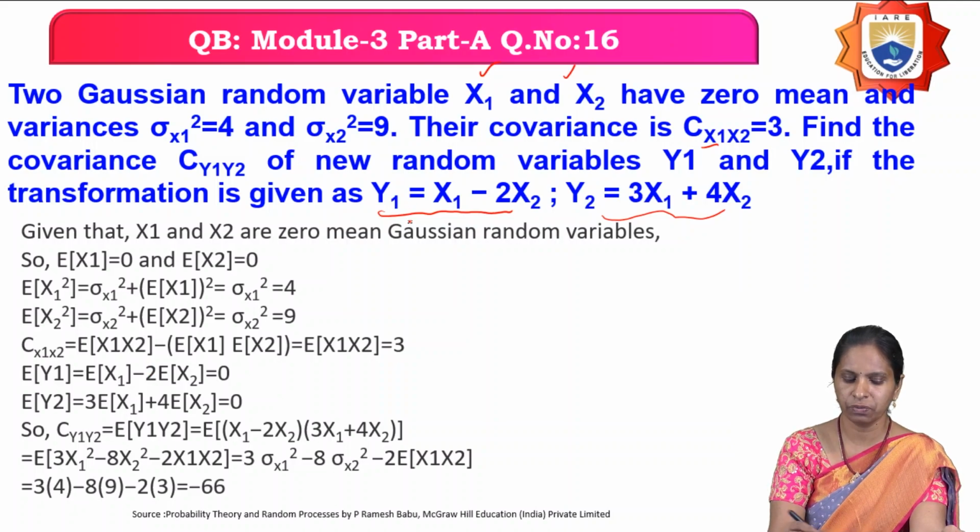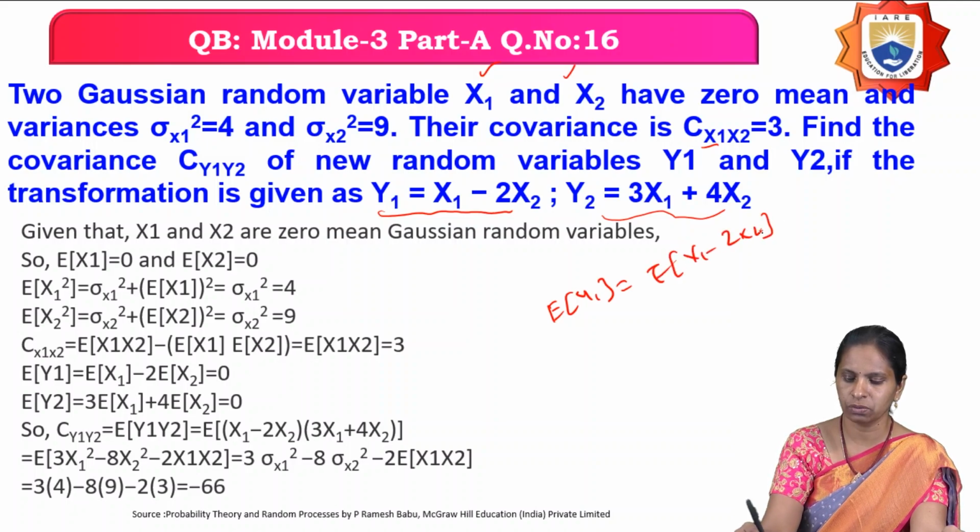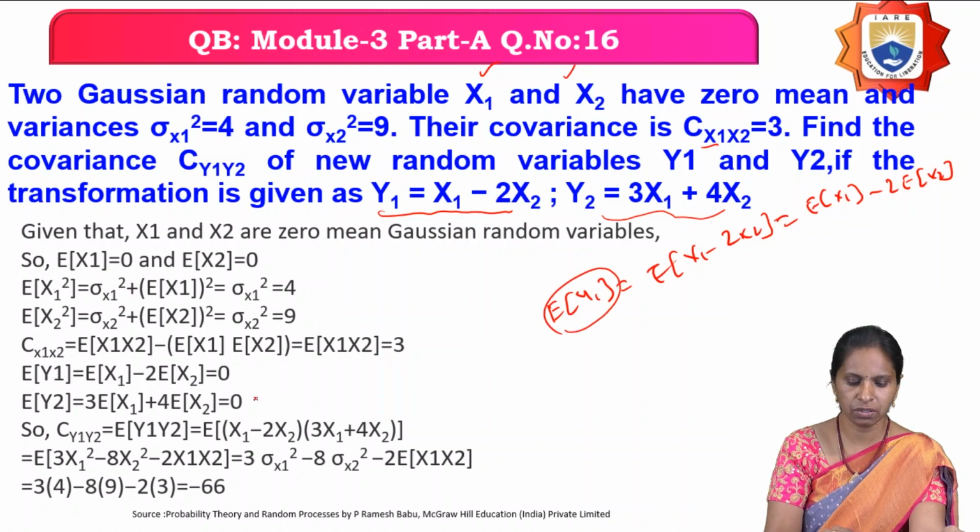Then what is the expectation of y1? The expectation of y1 is the expectation of x1 minus 2x2, which is E of x1 minus 2 into E of x2. But E of x1 and x2 are 0, therefore E of y1 equals 0. Similarly E of y2 is also 0. Then calculate the covariance.